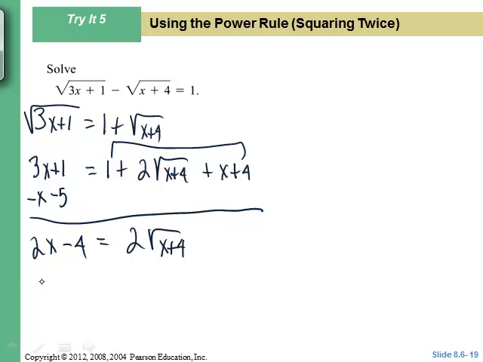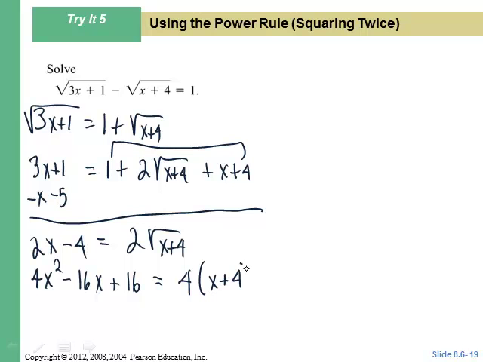Square both sides, you get 4x squared minus 16x plus 16 equals 4 times x plus 4, which is 4x plus 16.